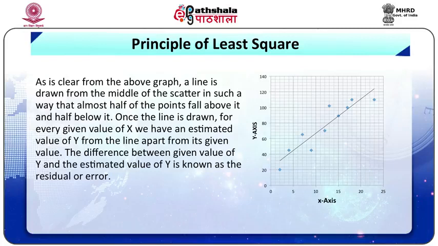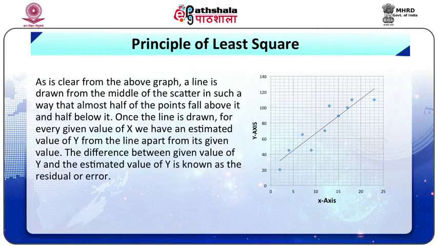As is clear from the above graph, a line is drawn from the middle of the scatter in such a way that almost half of the points fall above it and half below it. Once the line is drawn, for every given value of x, we have an estimated value of y from the line apart from its given value.